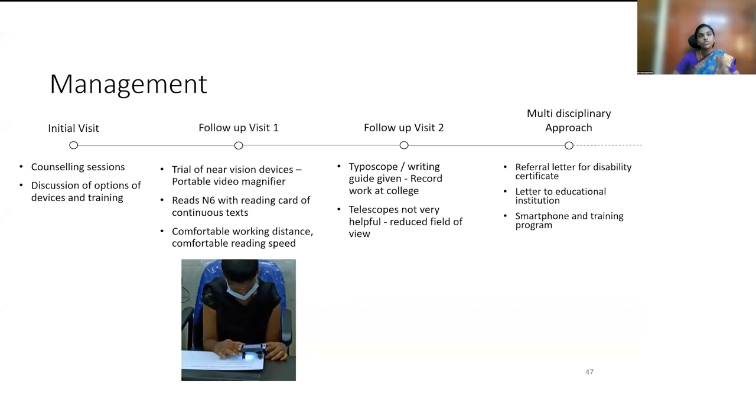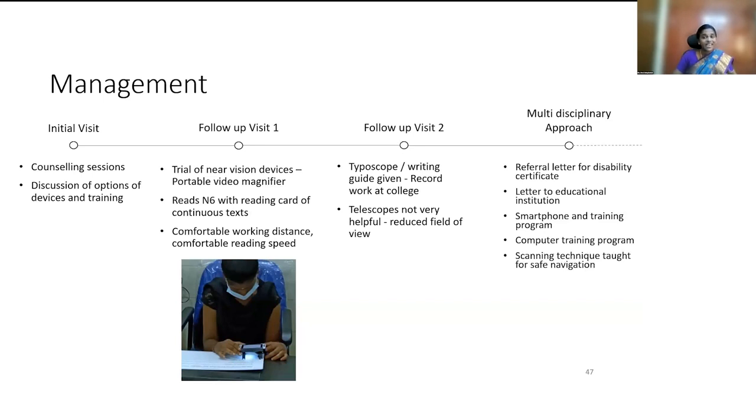So a smartphone was given to her, after which she underwent a training program on how to use mobiles. She also underwent a 3-month computer training to use computers with all the inbuilt accessibility tools of magnification. She did not require a screen reader because with the inbuilt magnifiers of the computer, she was able to comfortably view the monitor.